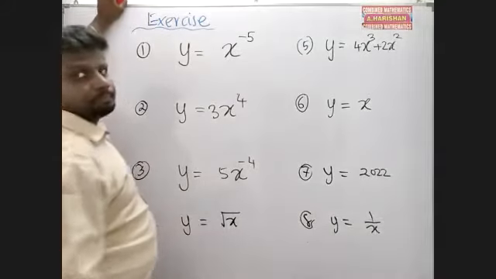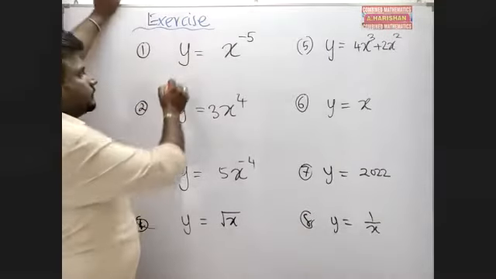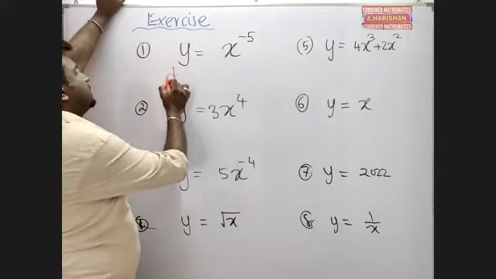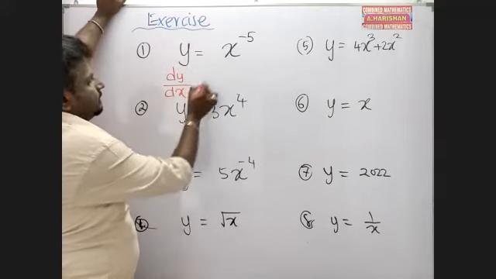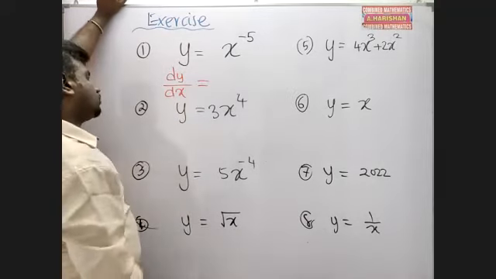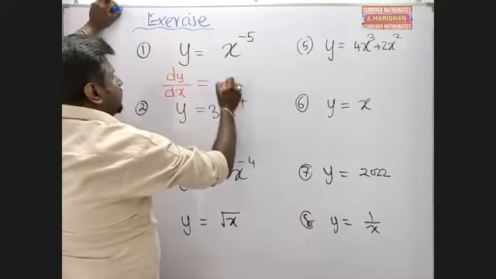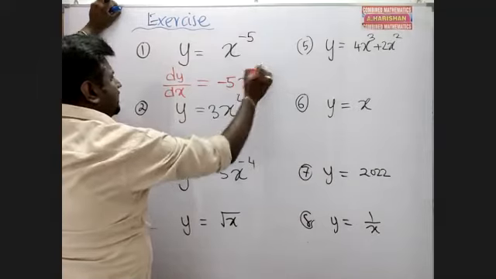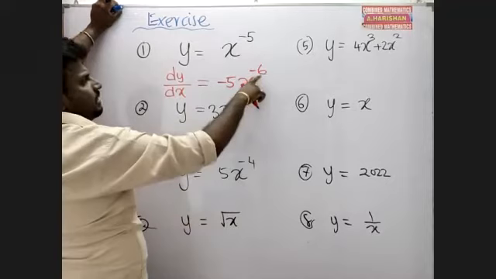Okay. I'll do the first one. Differentiating both sides with respect to x. So this is y, then dy by dx. Bring the power down, -5, and subtract 1, giving -6, because if you subtract 1 from -5, it's going to be -6.